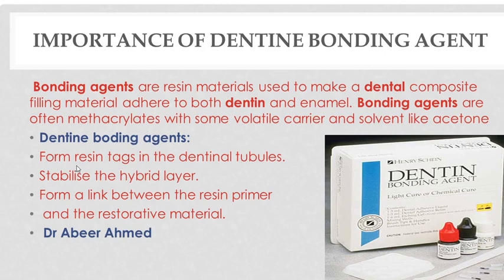The importance of bonding agents: they form resin tags in the dentinal tubules, stabilize the hybrid layer, and form a link between the resin primer and the restorative material. So this is really important to know. Again, they form resin tags in the dentinal tubules, stabilize the hybrid layer, and form a link between the resin primer and the restorative material.